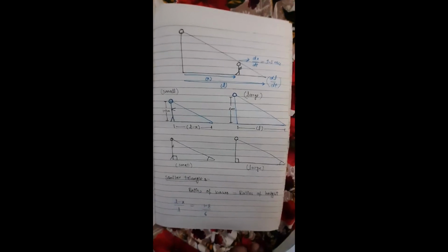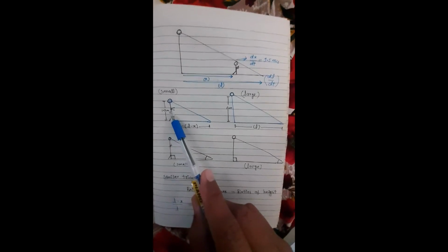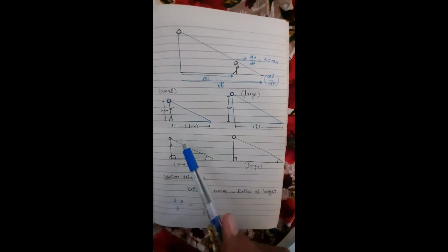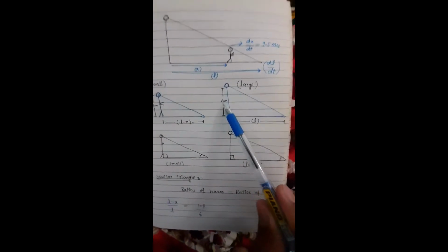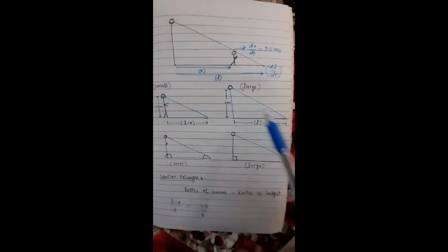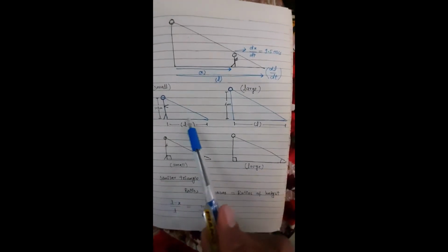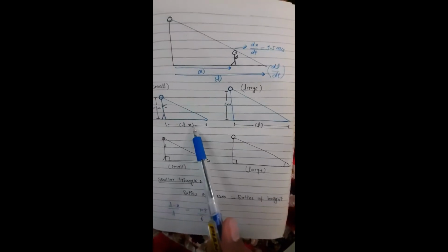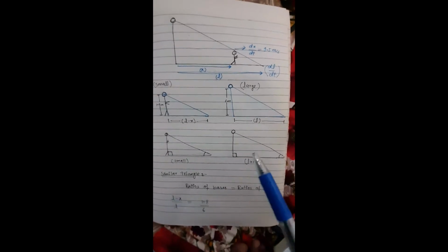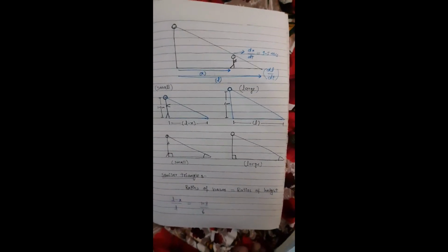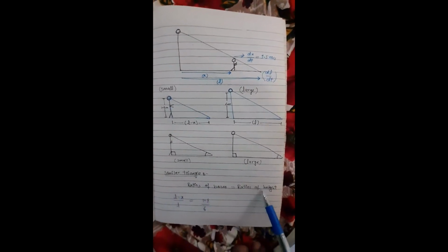The man's height is 1.8 meters, which we add to our small triangle, and the lamp post height is 6 meters, which goes to the large triangle. The base of the large triangle is L, while the base of the small triangle is L minus x. With similar triangles, the ratio of their base lengths equals the ratio of their heights.